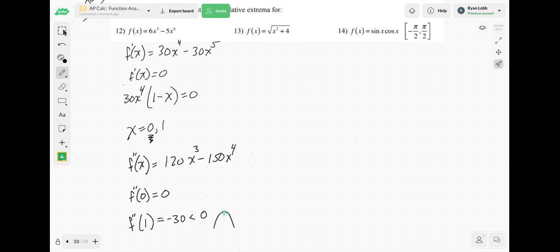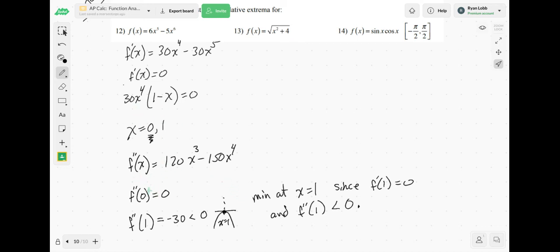So we must have a what there? f prime is 0 at x equals 1. So this tells me right away that there's a min at x equals 1, since f prime of 1 is equal to 0 and f double prime of 1 is less than 0. That would be the justification for why there's a min there.